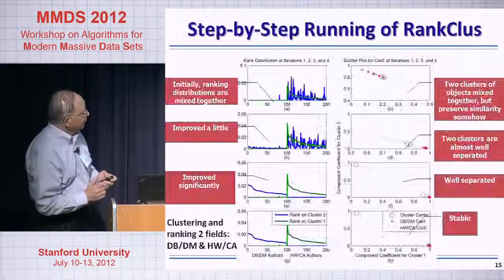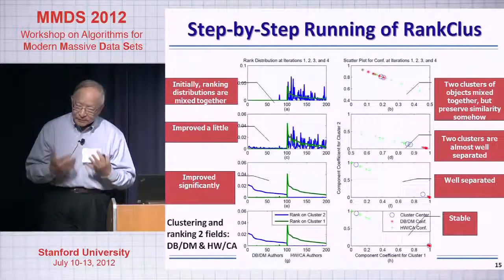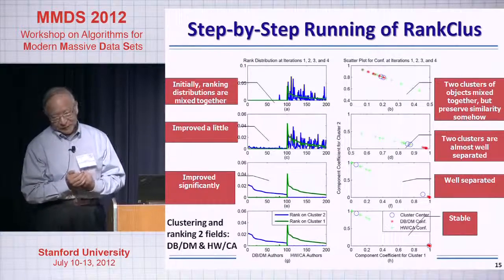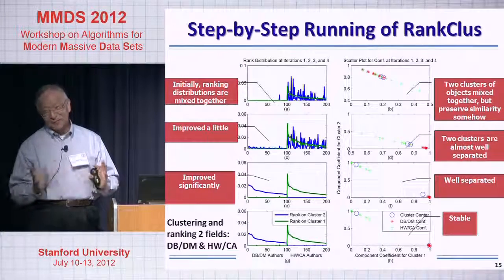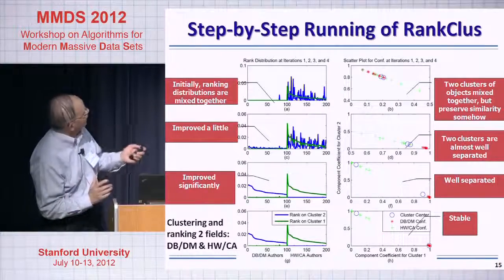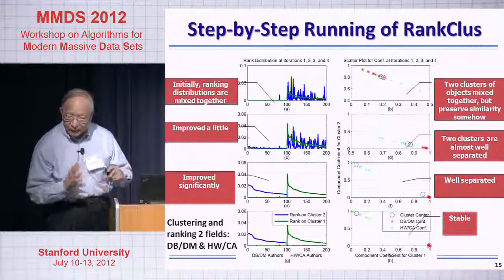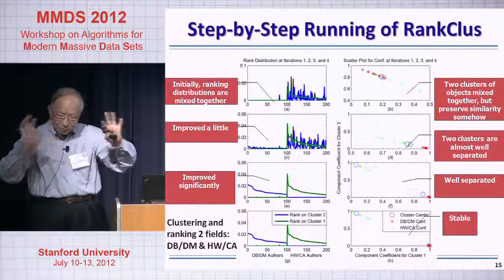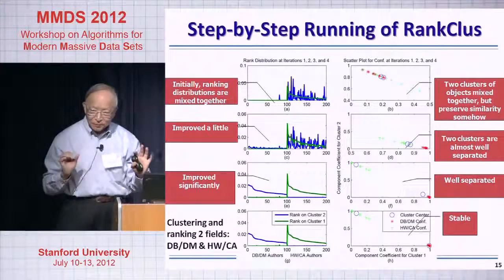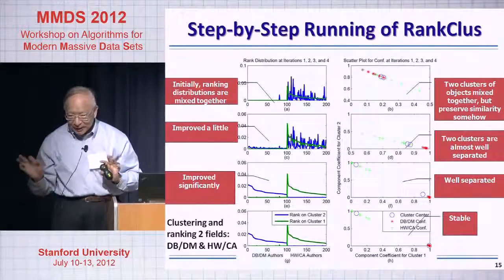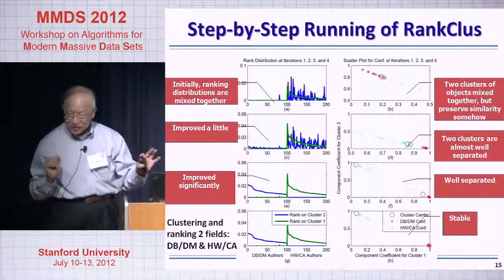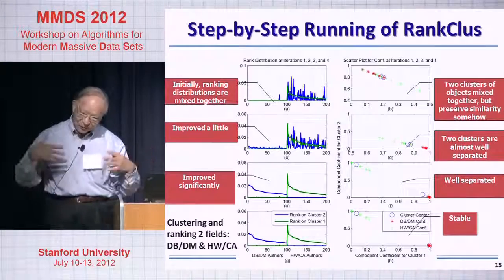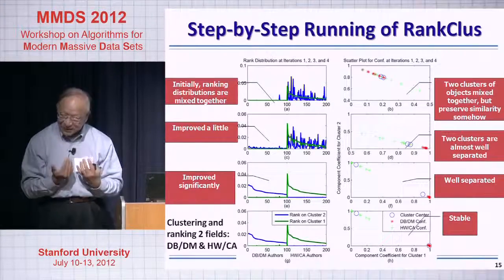Okay. So we did this experiment just on DBLP data. It immediately looks very interesting in the sense, you look at this. Okay. We took two fields. One is database and data mining. The other one is computer architecture and hardware. We assume they do not have that many overlaps. Okay.